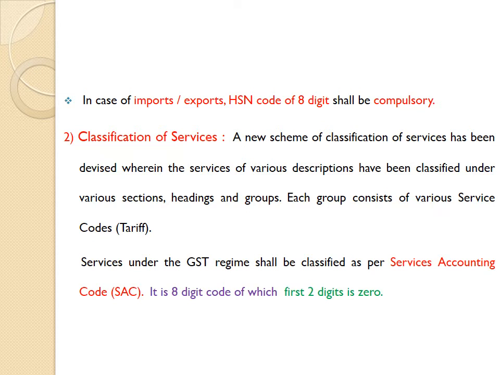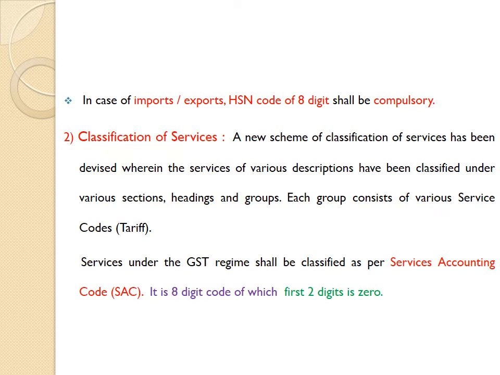On the basis of classification of goods, we can say that if the turnover is below 1.5 crore, there is no need to mention the HSN code. If the turnover is between 1.5 to 5 crore, it is necessary to mention an HSN code having 2 digits.